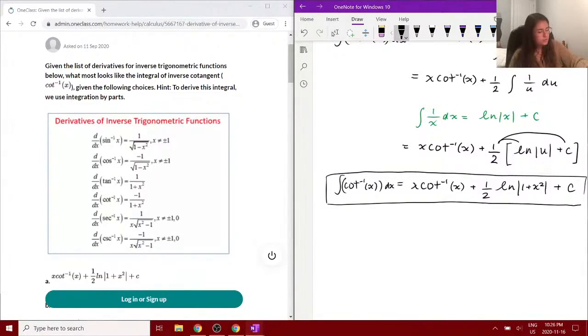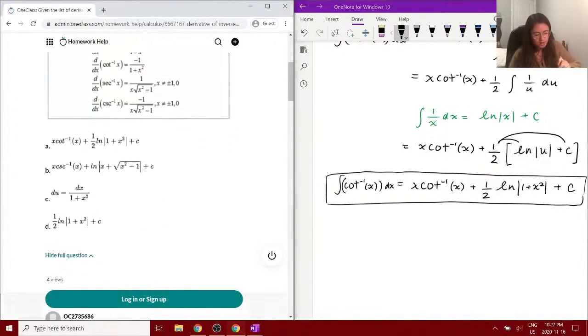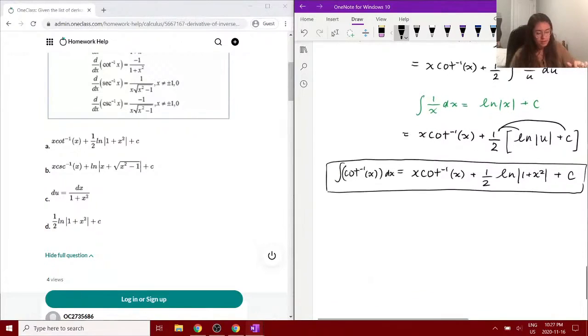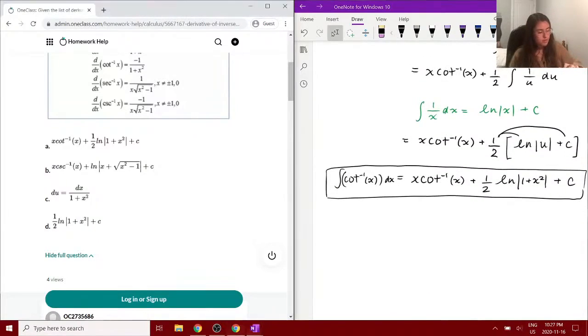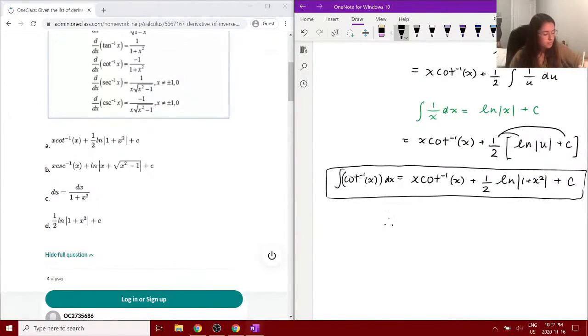So let's go back to the answers that they gave us, A, B, C, and D. And by comparing, you can see that our answer here is the same as their solution A. Looks good. So we can say, therefore, the answer is A.